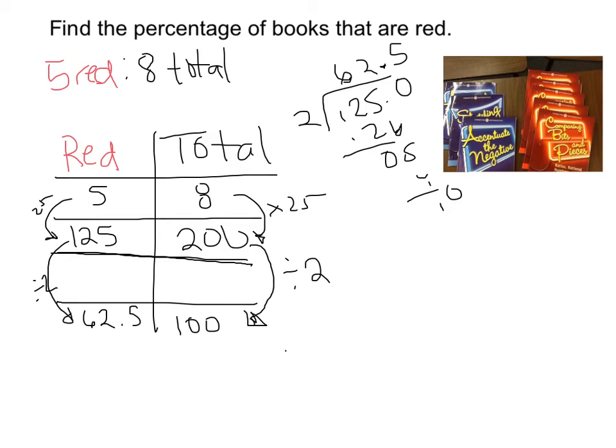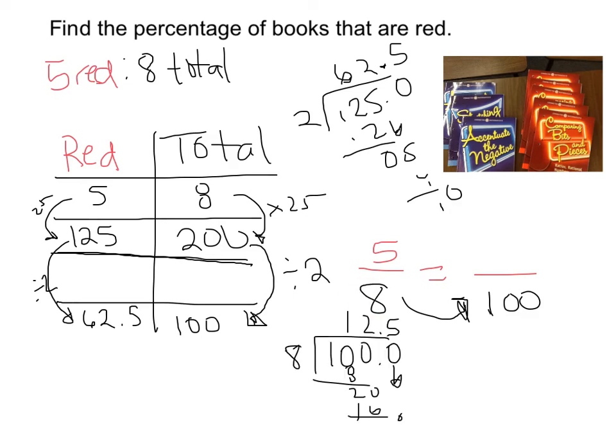Now I said I wasn't going to do this as a fraction, but I've changed my mind and I am also going to do this using fractions. So I set up my fraction. I'm looking for a fractional equivalent of 5 to 8 that's something to 100. I need to figure out what I need to multiply my 8 by to get to 100. To do that, I'm going to use my inverse operation. If I need to know what I'm multiplying 8 by to get to 100, I'm going to do 100 divided by 8.